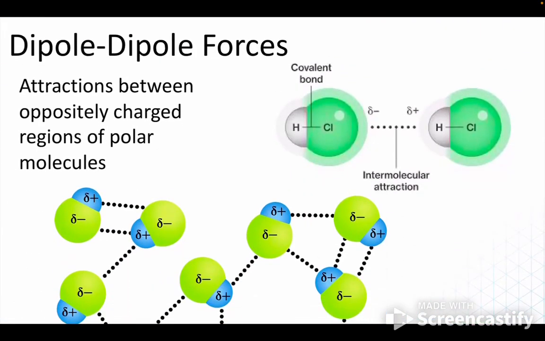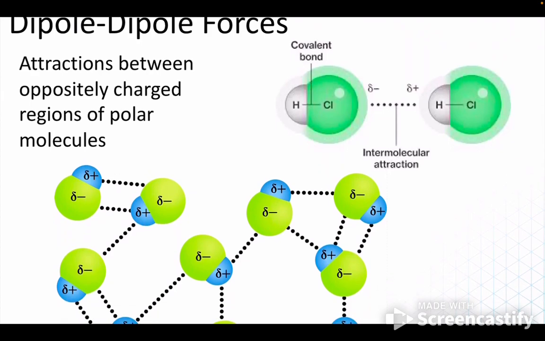Dipole-dipole is different from dispersion forces because this is for polar molecules, molecules that have a permanent dipole. Like for HCl here, the chlorine is always partially negative because it has a higher electronegativity than the hydrogen. So it's similar but different because it doesn't change.